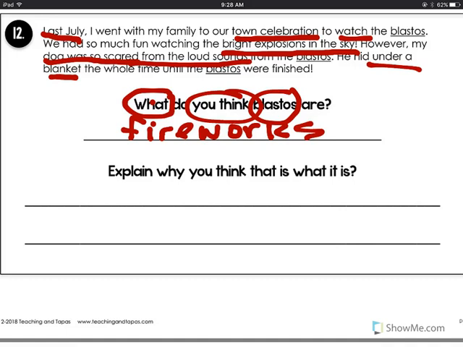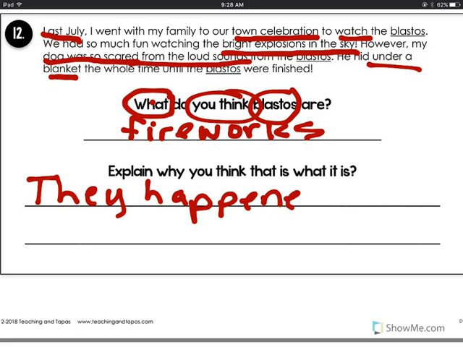So I can prove that Blastos are fireworks because they happened last July. So that tells me definitely, that's a huge clue, because what major holiday happens in July? You're right, definitely, 4th of July. So I'm not going to worry about all of these clues, but like I said, just the big ones.